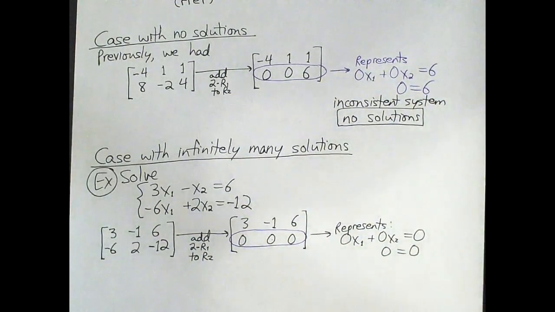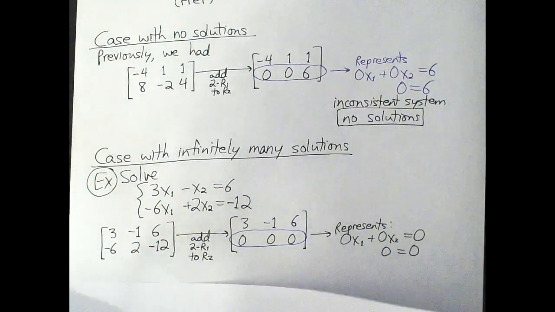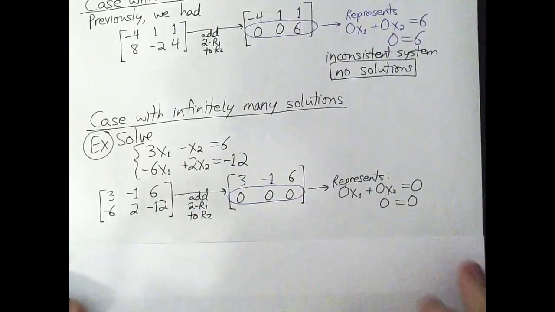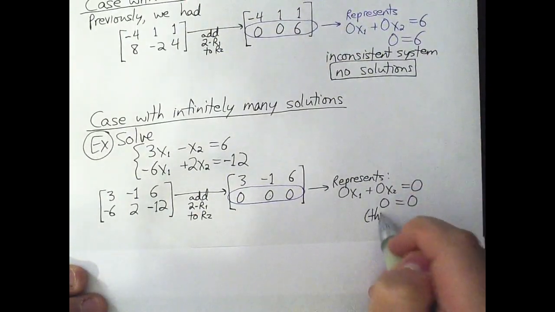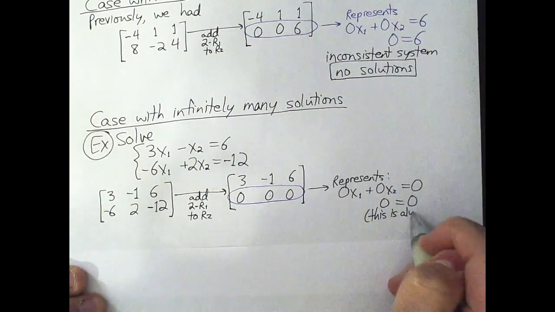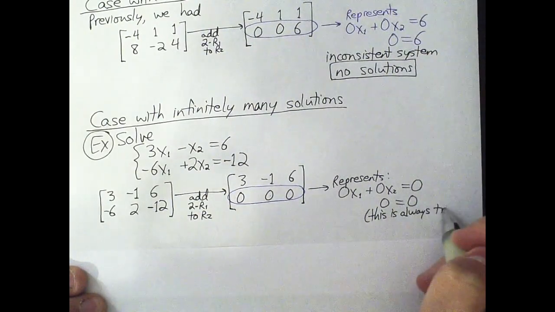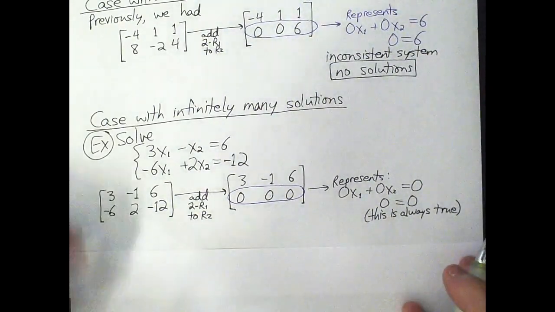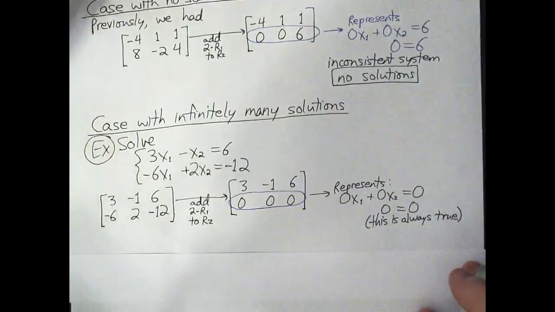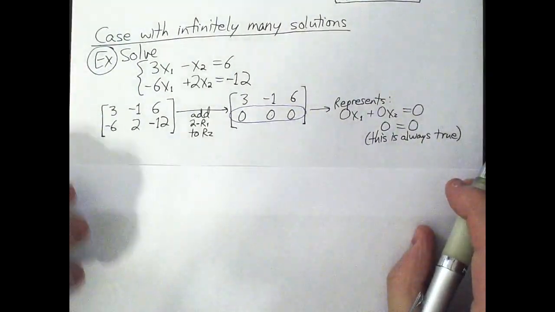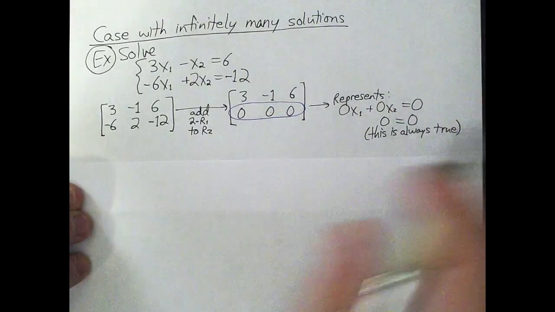Let's get a fresh sheet of paper here. We need to talk about this. All right, first of all, I'll just say in parentheses, this is always true. What I mean by that is it's true no matter what I put in for x2. 0 will always equal 0.